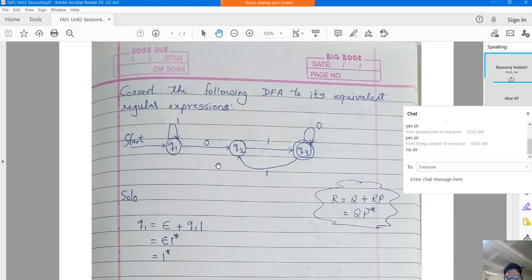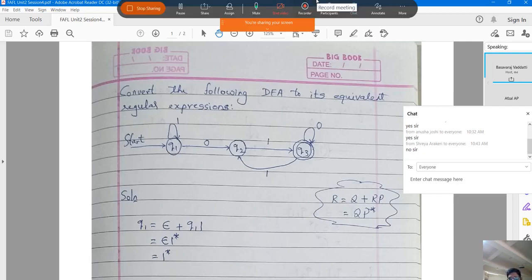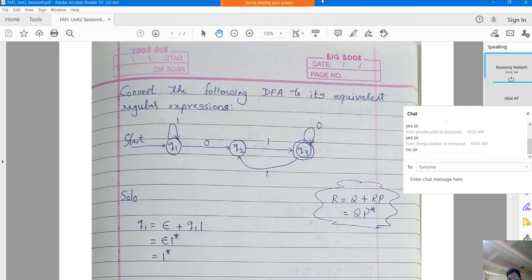Similarly, can you write the formula for state Q2? Please, all of you write the formula for state Q2 in the simplified expression, and write it in the chat window. How I wrote the formula for state Q1, in a similar way try to write the formula for state Q2.